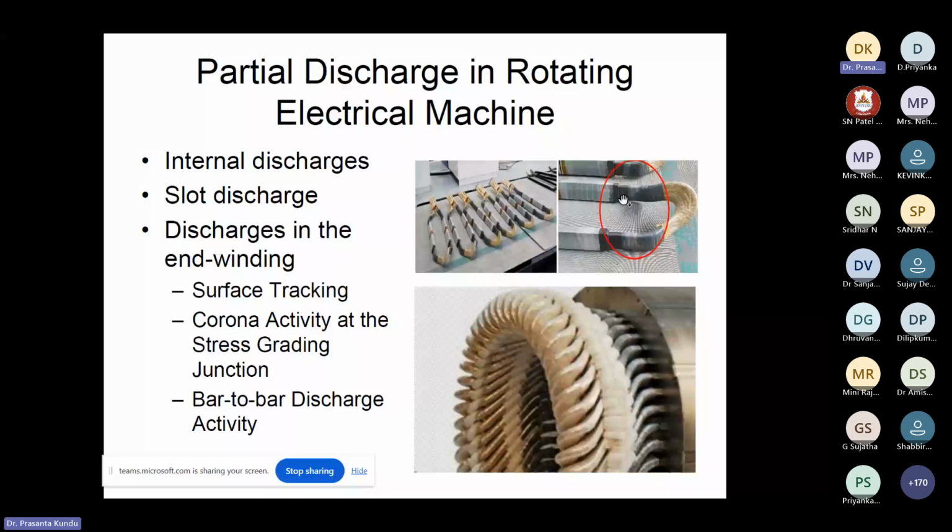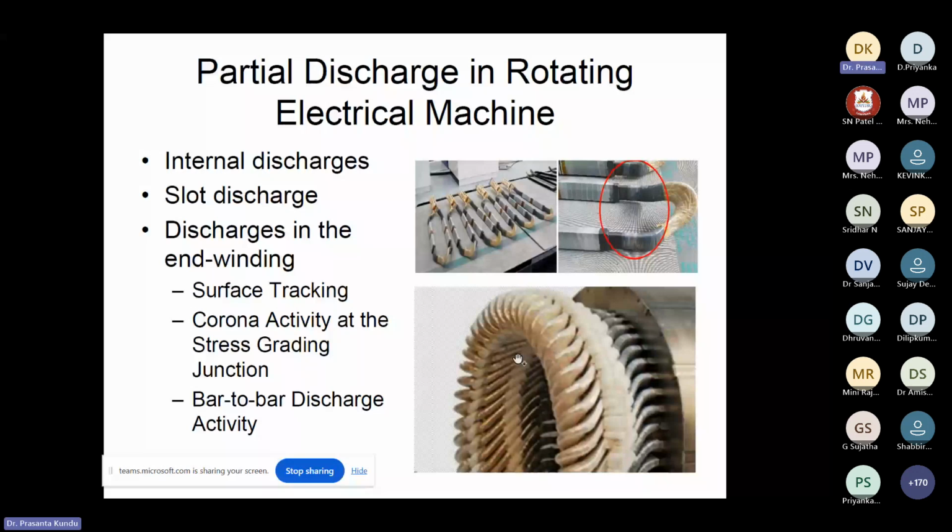Then there is discharge in the end winding, in the overhang portion. If different coils are placed there and discharge occurs in the end winding, it is also prone to insulation damage. Most of the care in rotating electrical machines is taken to make the slot insulation in the straight portions, but a little less care is taken in the overhang manufacturing.